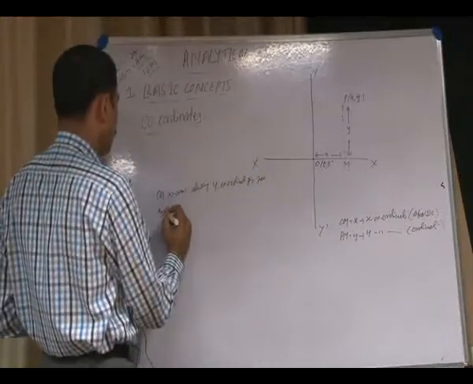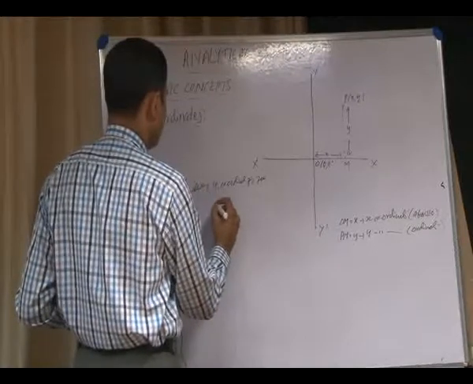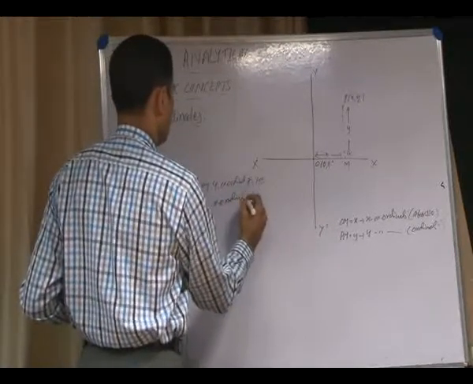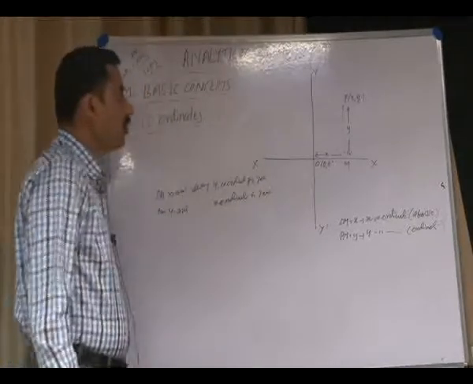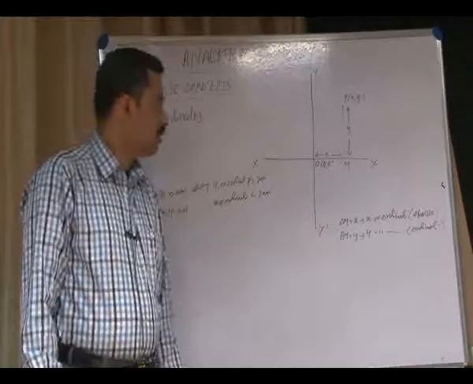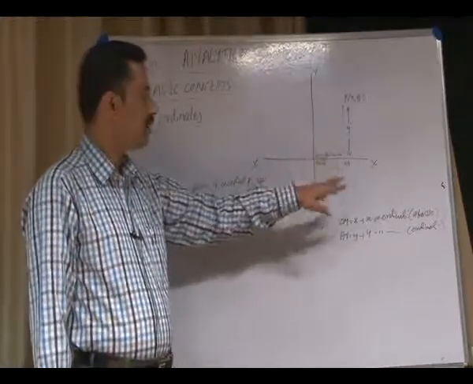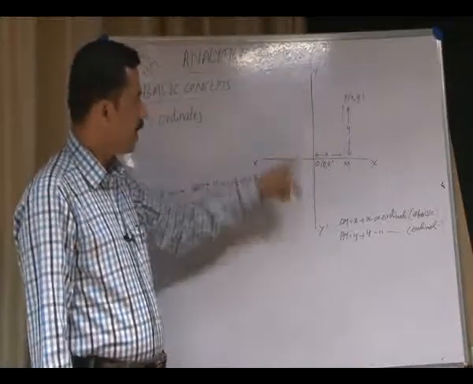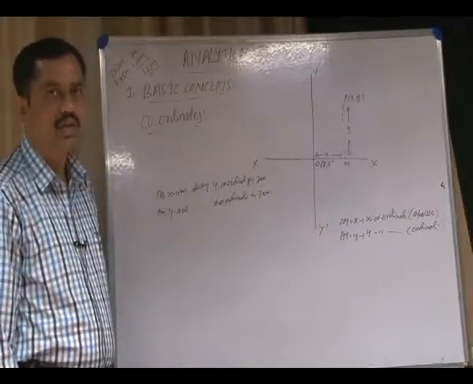Similarly, on the y axis the x coordinate is always 0. That means if you consider any point on the x axis, the y coordinate is always 0. Similarly, if you consider any point on the y axis, then the x coordinate is always 0.